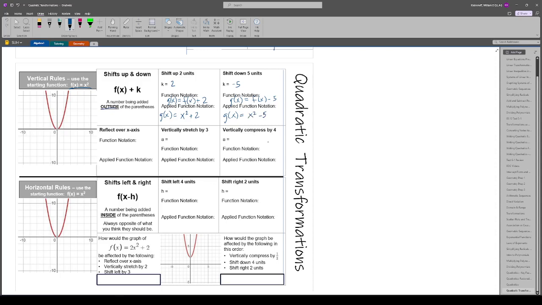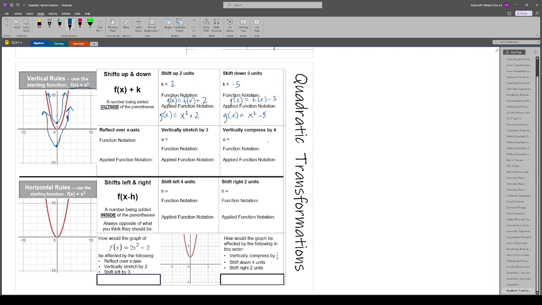And if we drew those on our graph, the curvature stays the same, but my y-intercept, it looks like we're counting by 2's here, so my y-intercept on the first one would go up to 2, and then it would have the same curvature as the original. And then the second one would go down to negative 5, which would be right here, and again, same curvature as the original, which I always struggle to draw on the computer, but you get the idea. It shouldn't be any wider or narrower. It should just be moved straight down.